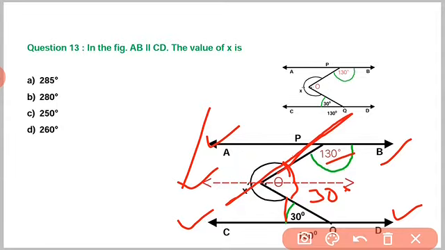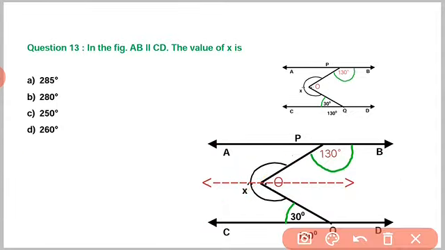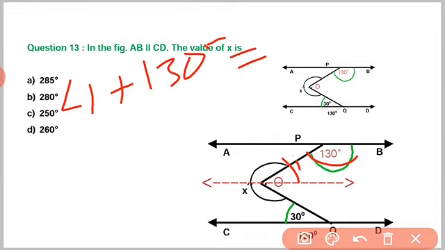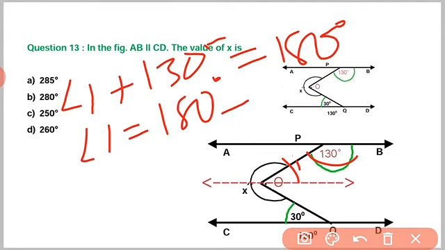So their sum will be equal to 180 degree. Let's suppose this angle as 1, so 1 plus 130 degree will be equal to 180 degree. So what will be angle 1? Yes, it will be equal to 180 degree minus 130 degree, that will be equal to 50 degree.